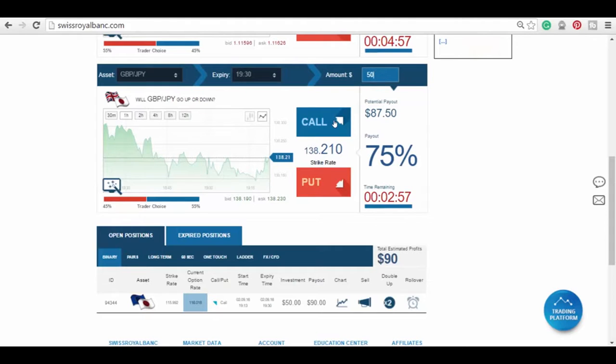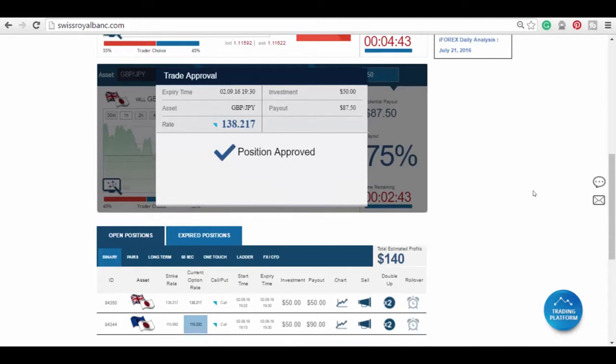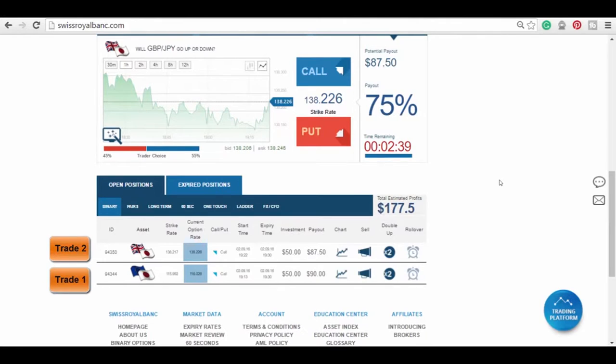Let's go ahead and place the trades. So it looks like it's trending somewhere in the middle. And let's see. So this is our second open trade. The first one is still doing good. So both of them are in the money right now.